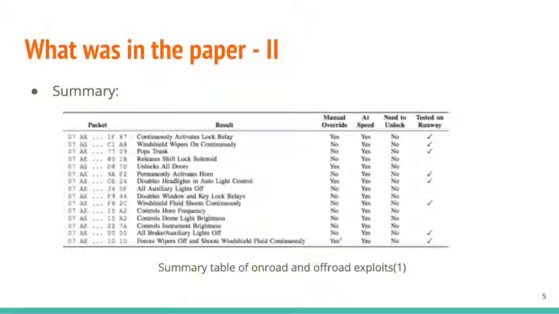In some of these scenarios, the car was hoisted on a platform, while in others it was on a runway, and you can see this described in the check mark at the very right, tested on a runway. The next column, need to unlock, describes that the car manufacturer's master key was needed to observe these results. As you can see, some of the exploits are quite harmless, such as turning on the windshield wipers, while others can be extremely dangerous, such as turning off brake lights and unlocking all the doors.